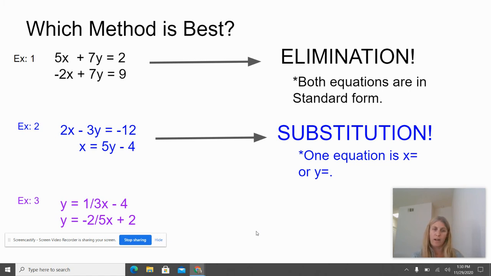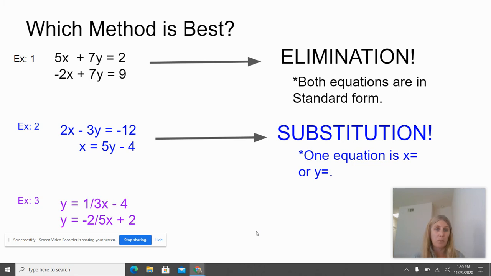We have y equals 1/3 x minus 4, and y is equal to negative 2/5 x plus 2. Now, both equations are in slope-intercept form, so generally we would say, yeah, let's do substitution, and we'll be using that equal values for substitution, y equals y. So we would have 1/3 x minus 4 is equal to negative 2/5 x plus 2.